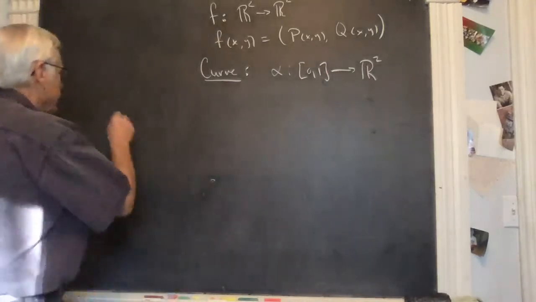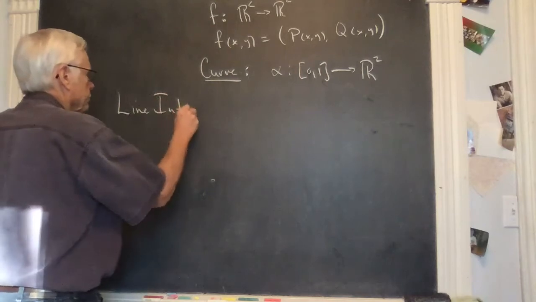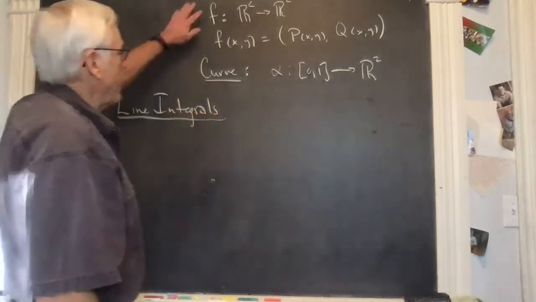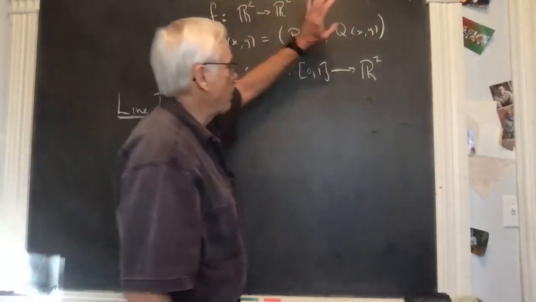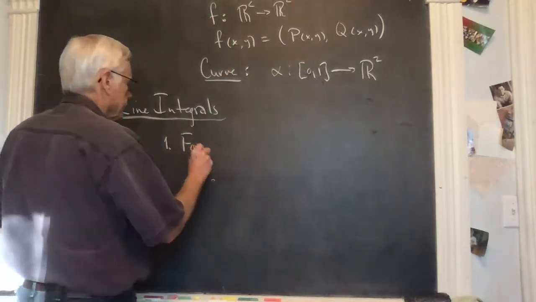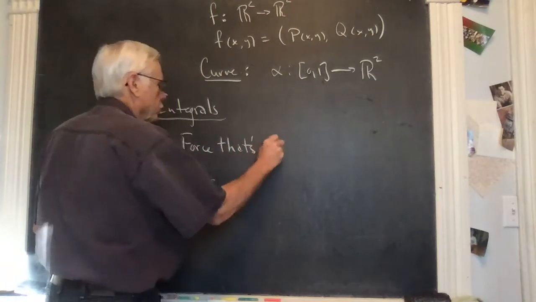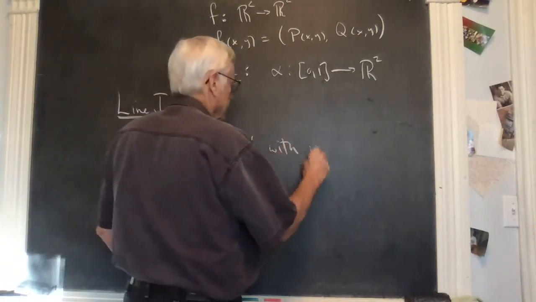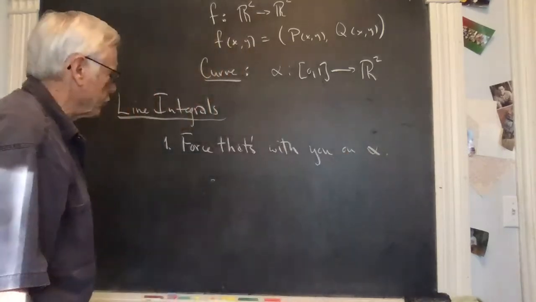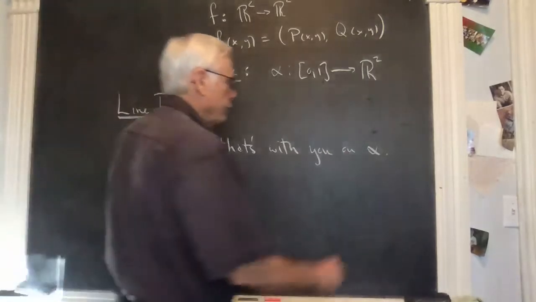And we want to look at something called line integrals. We're thinking of F as a force, like a wind, and we want the force that's with you on the curve alpha as t goes from 0 to 1.